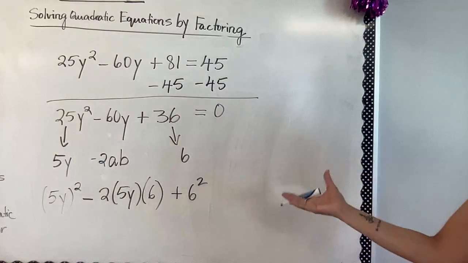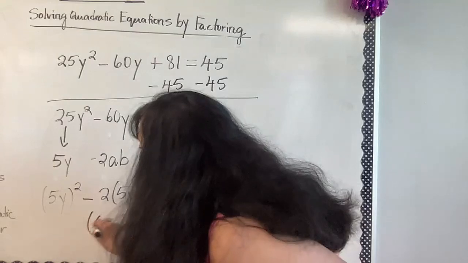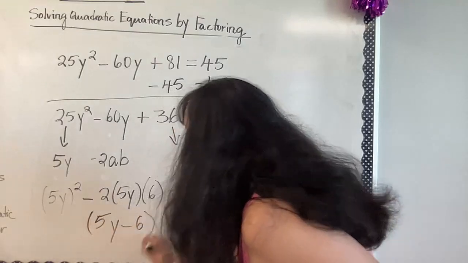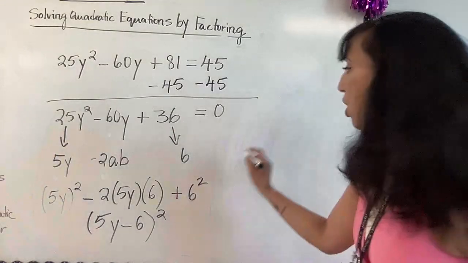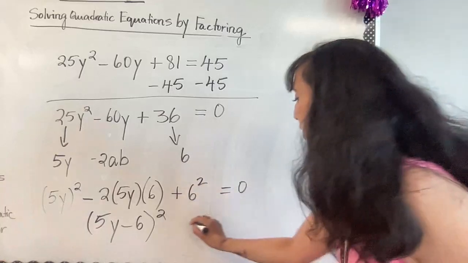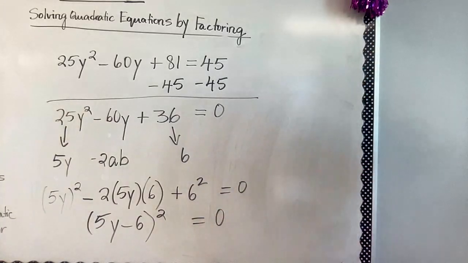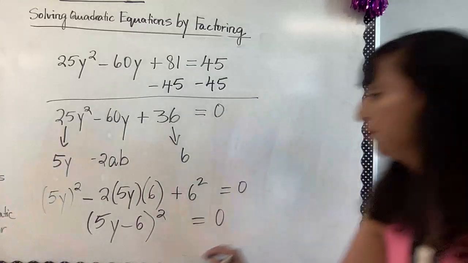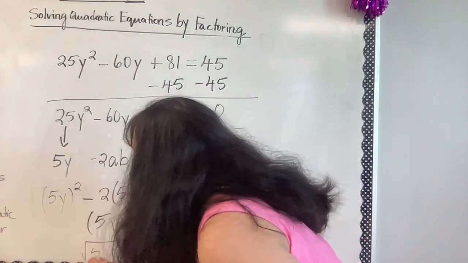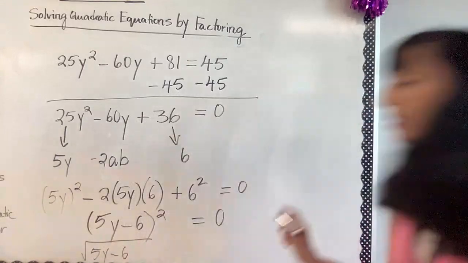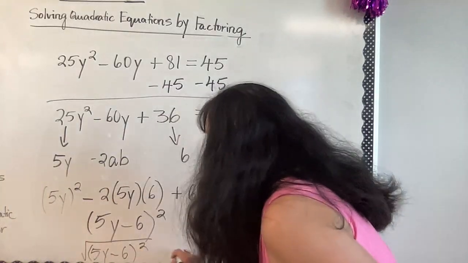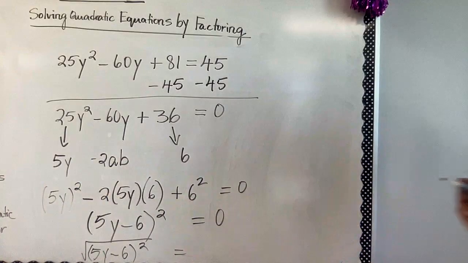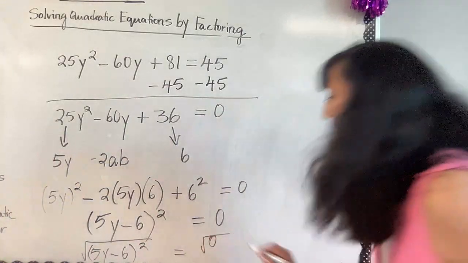And so what does this give me? This gives me 5y minus 6 the whole squared, right? Which is equal to 0. So now I am doing the square root of this, square root of 5y minus 6 the whole thing squared gives me the square root of 0, square root property.